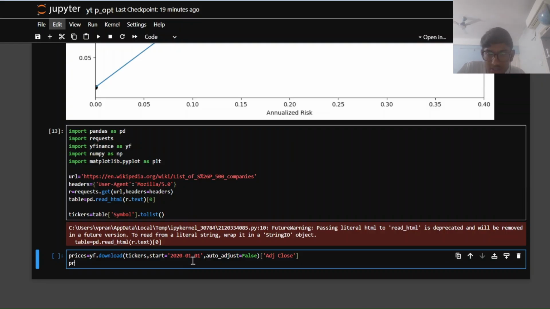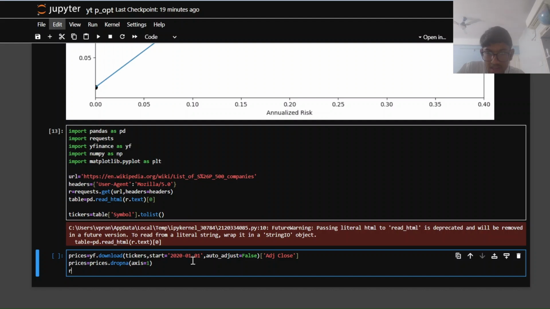And let us first drop the NaNs in these prices. And let us define our returns: np.log of prices over prices dot shift, dot dropna, right?